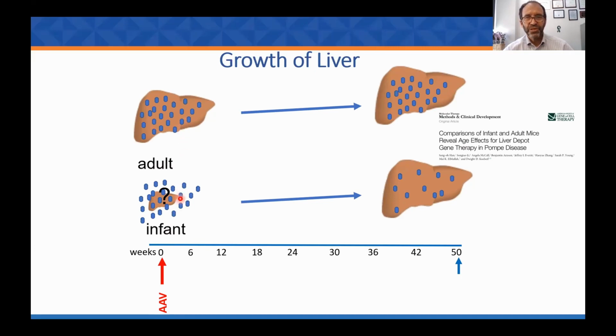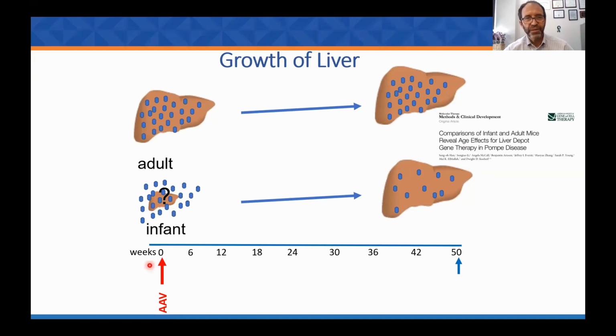Now the mouse liver, the infant mouse, is going to grow substantially over their lifetime. But if all this AAV was taken up efficiently, so there are many more AAV particles in the small liver, as it grew, it should end up at the same place as treating an adult, where there were fewer particles per cell.